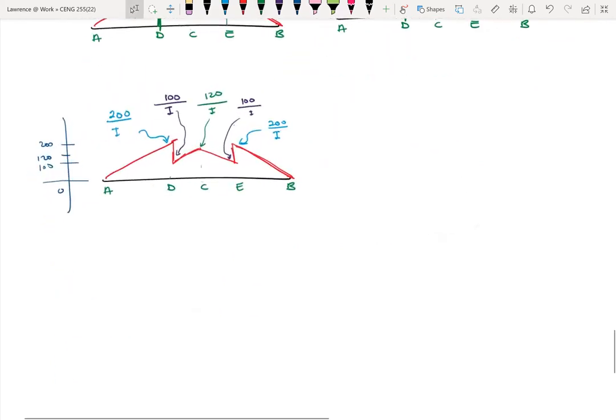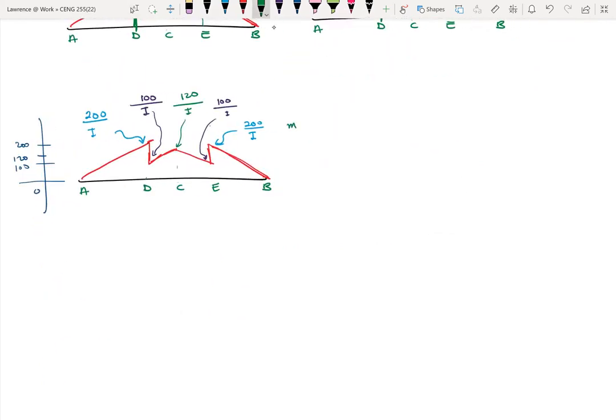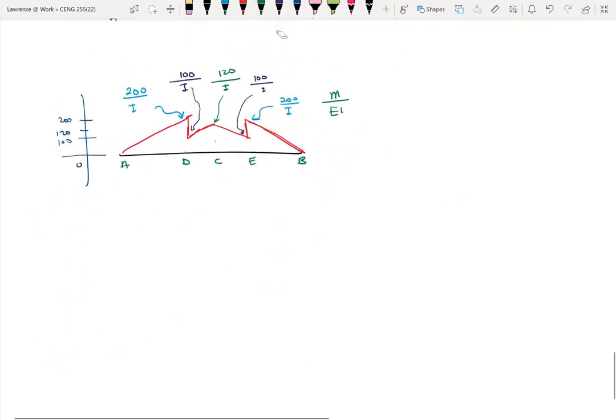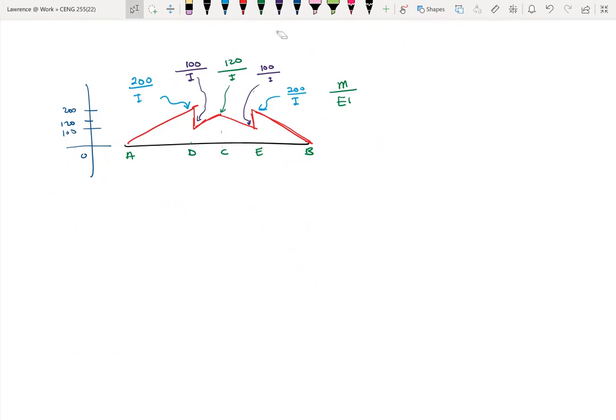So this becomes the M over EI diagram, accounting for the different I values. Once we have that, we can now load M over EI on the conjugate beam.